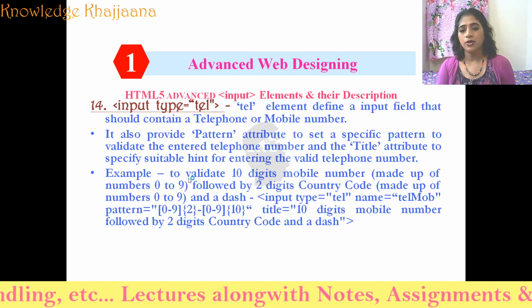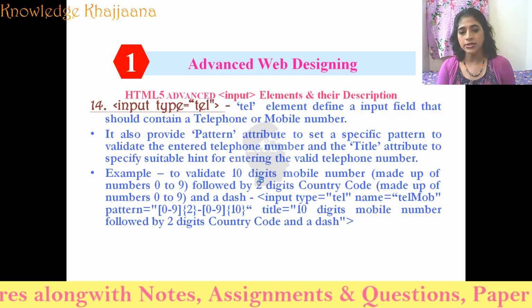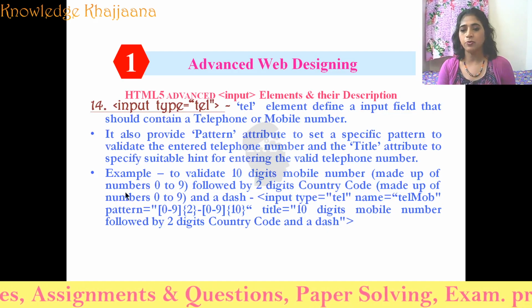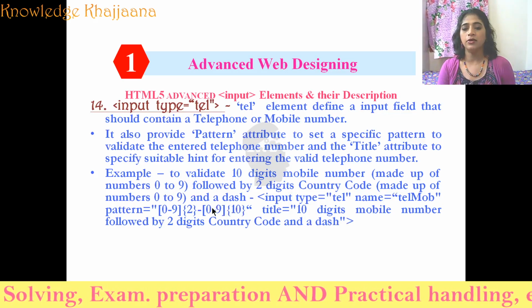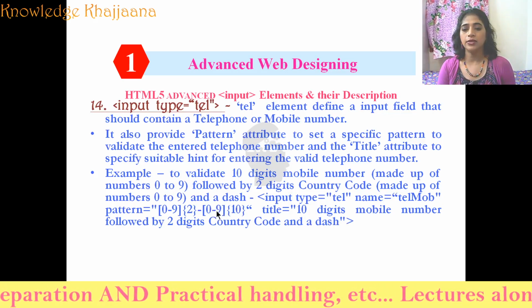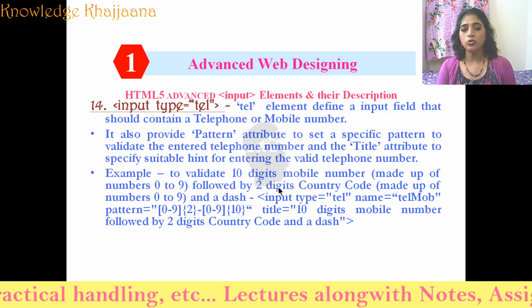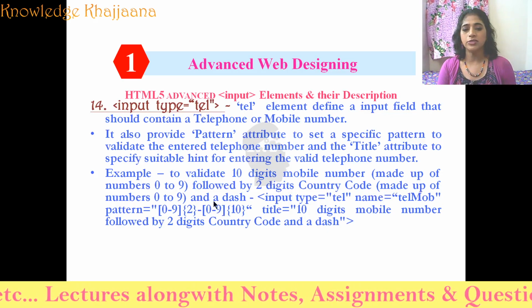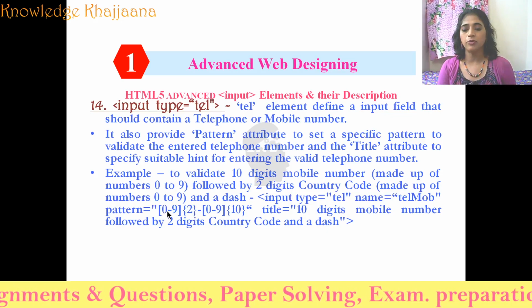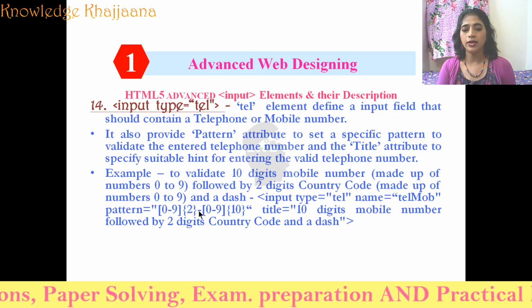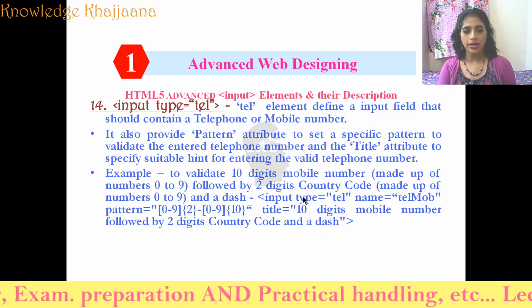For example, to validate that 10 digit mobile number, made up of the numbers 0 to 9, followed by a 2 digit country code, which is made up of the numbers 0 to 9, and a dash. So how can you write it?